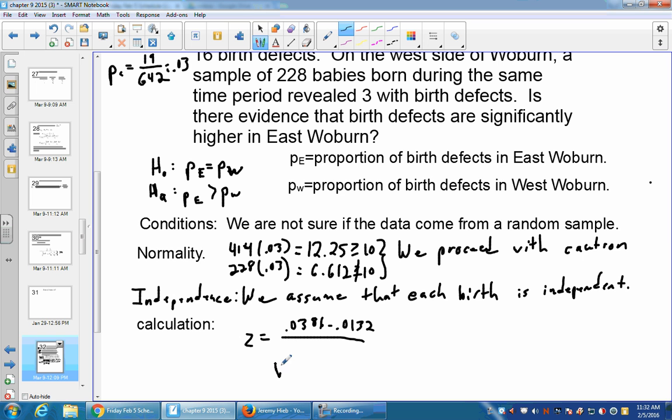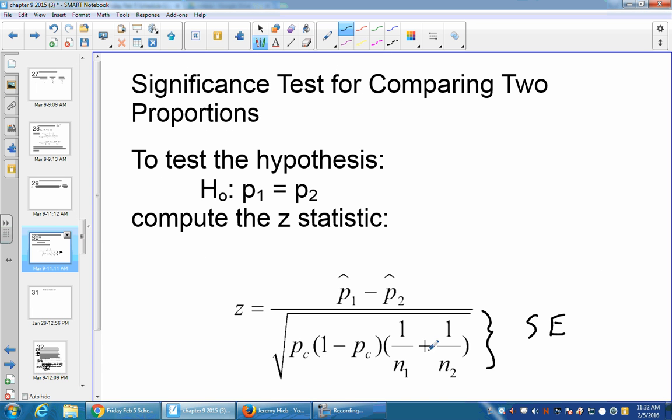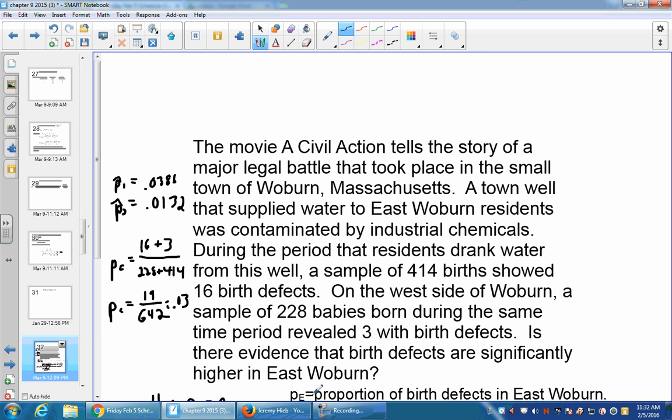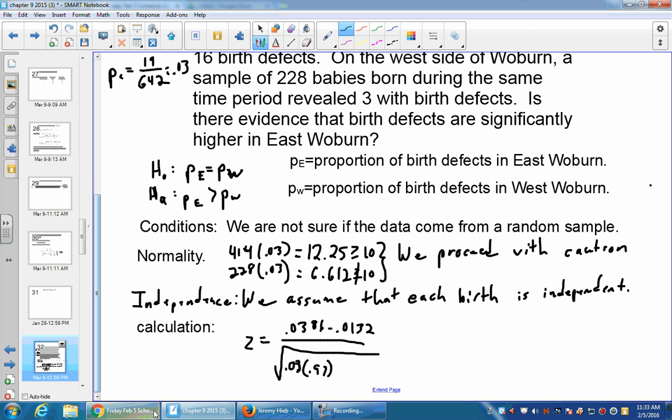Now our standard error, we take the square root of our combined p, which is 0.03, times 1 minus 0.03, which is 0.97, multiplied by 1 over n1 plus 1 over n2. So we're going to multiply this by 1 over 414 plus 1 over 228.